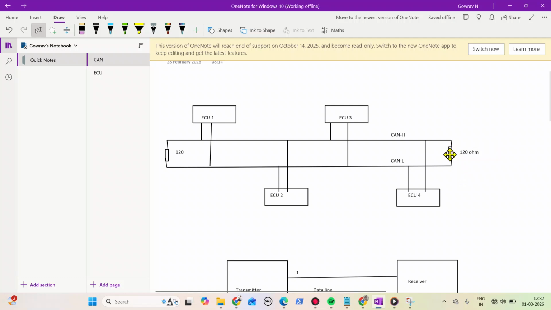If there is no resistor here, then that signal will reach the end of the wire, and at the end it will reflect and start to transmit in the reverse direction. So what will happen at that time, if for example ECU1 is transmitting 2.5 volts the first time.